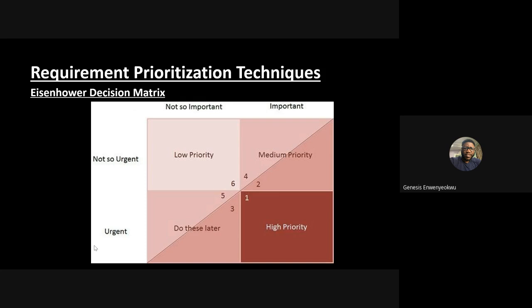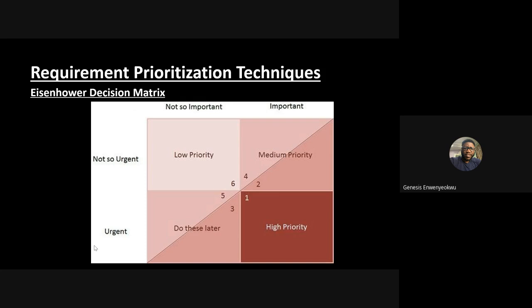If the requirement is not so urgent, but is important, we assign it a medium priority. So it is not so urgent, but it's important for us to do this. If the requirement is not so urgent and not so important, we give it a low priority or a lowest priority.